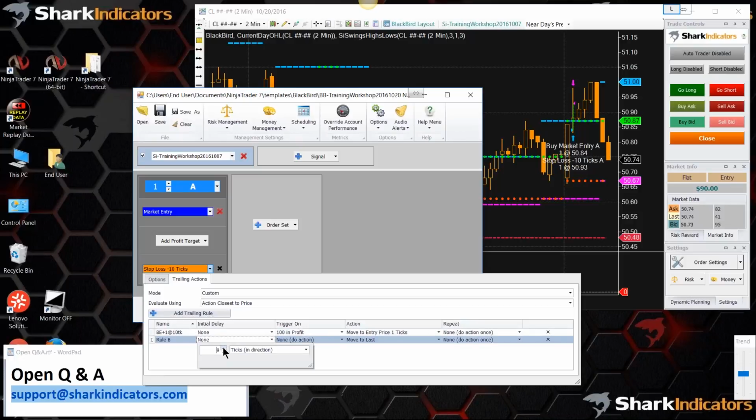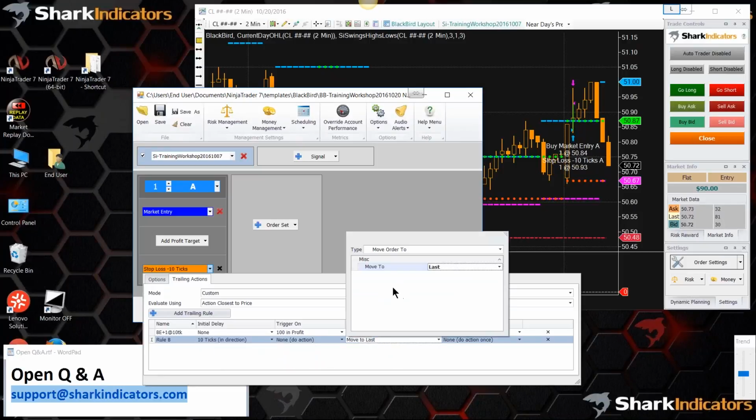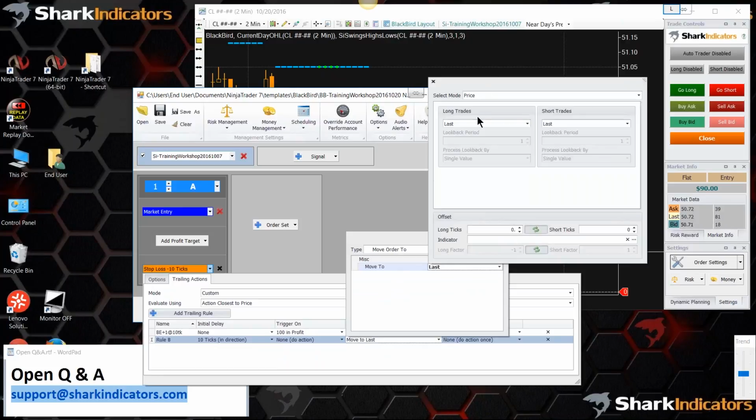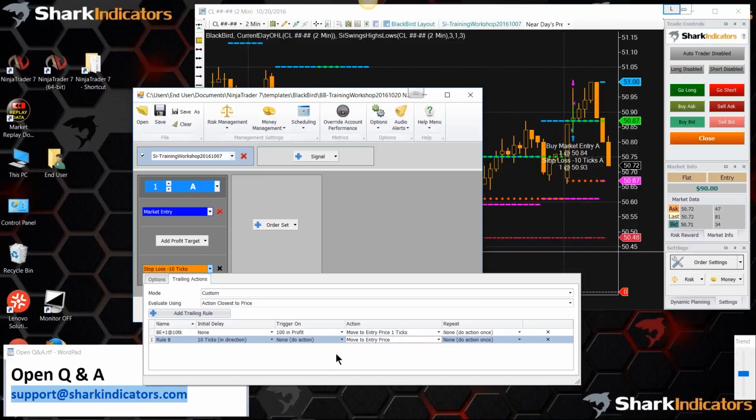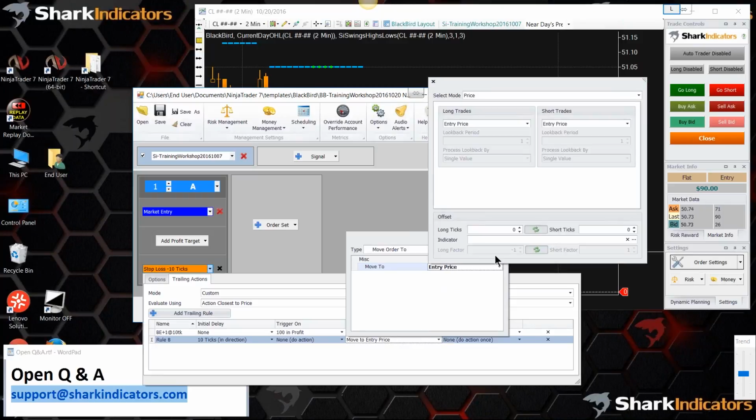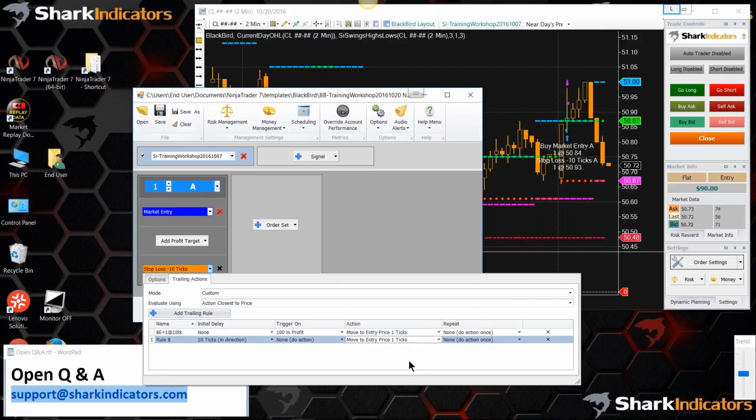On oil, both of these rules would be doing the exact same thing. Although let me put the 1 tick in there. There you go. We can see the action is the same, and the only difference is the trigger versus the delay.